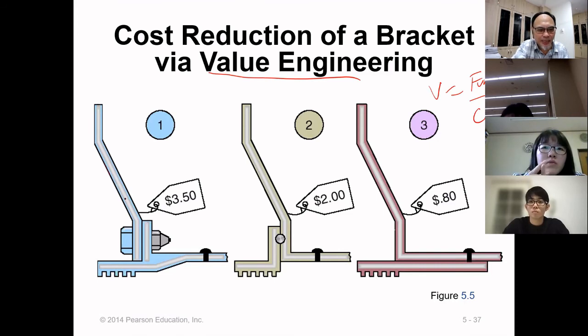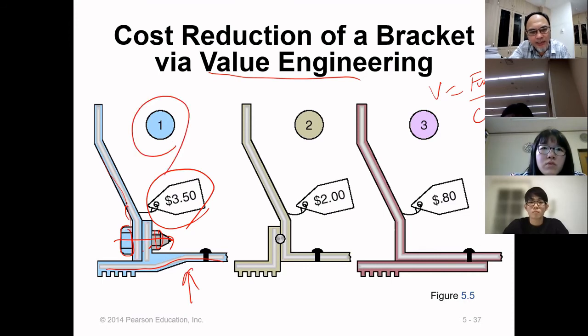This is a part here, and this is another part. In this design, this is a bolt, and you join this part with this part. This is $3.50, if I use design one. The purpose is just to join this part and this part to make this shape.